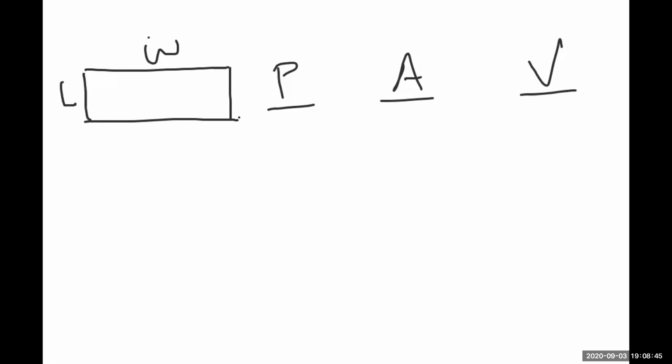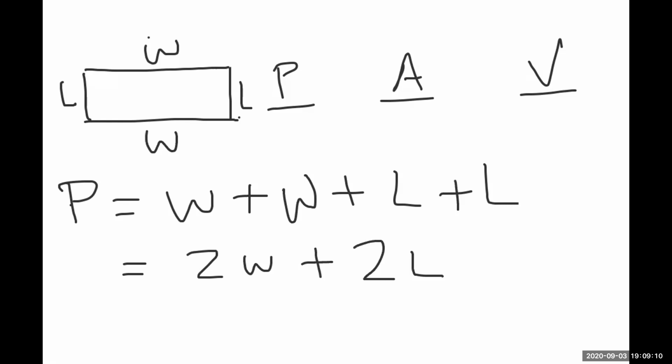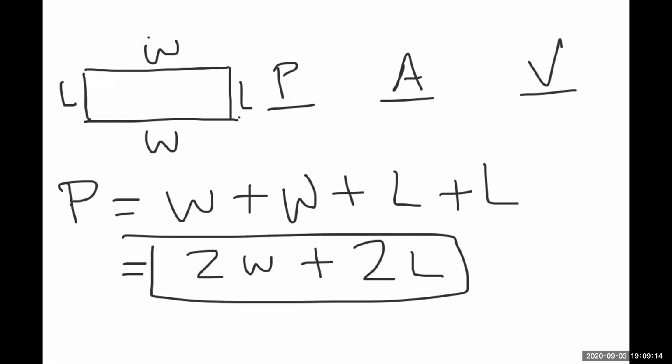So the perimeter for a rectangle, if we say that the top and the bottom are equal and the left and the right are equal, we would have W plus W plus L plus L, okay? We could simplify that by saying, how many W's do we have? We have 2 W's. And how many L's do we have? We have 2 L's. So that's what the perimeter equation looks like, okay?